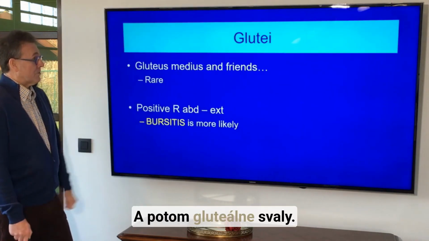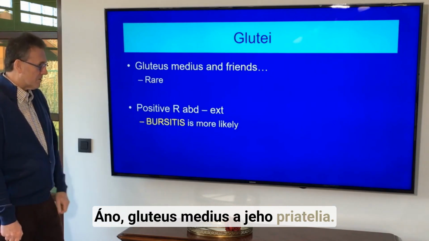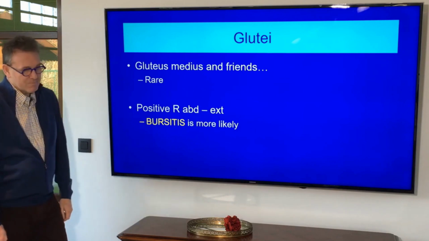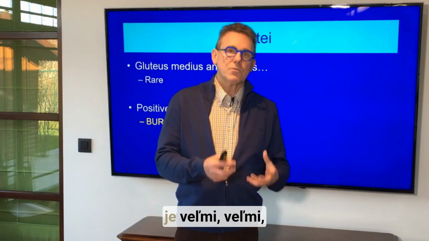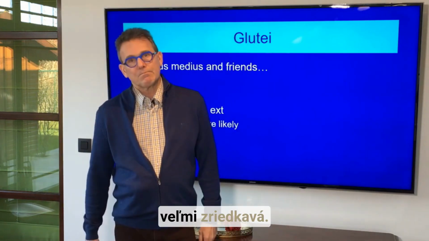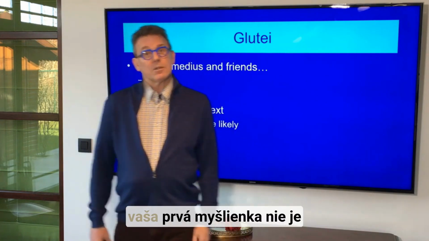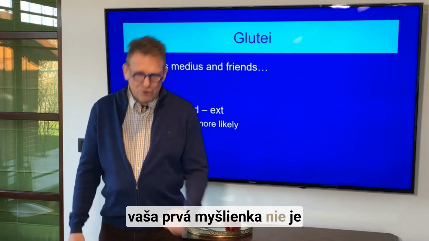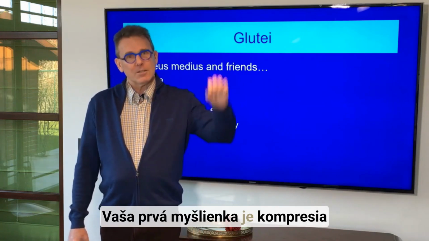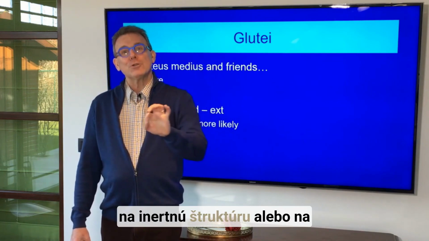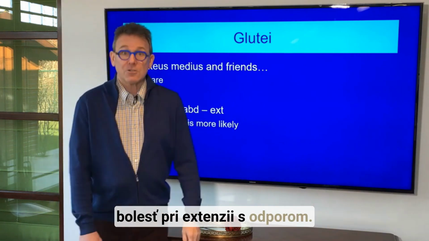And then the gluteals. Yeah, gluteus medius and his friends. A selective lesion of those structures is very, very rare. But when you have pain on resisted abduction, your first idea is not gluteus medius. Your first idea is compression on an inert structure, or on pain on resisted extension.